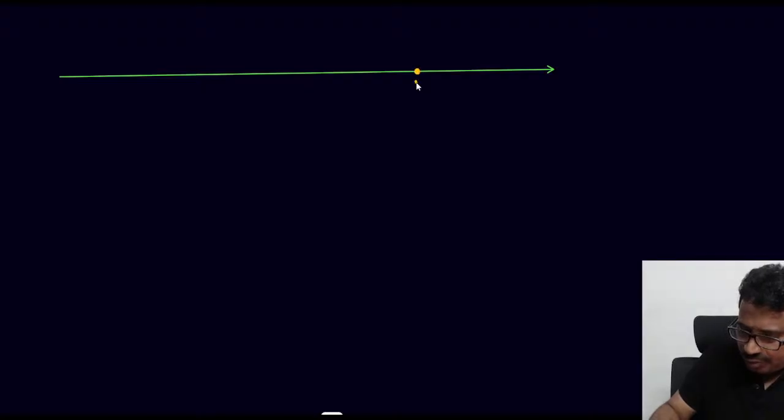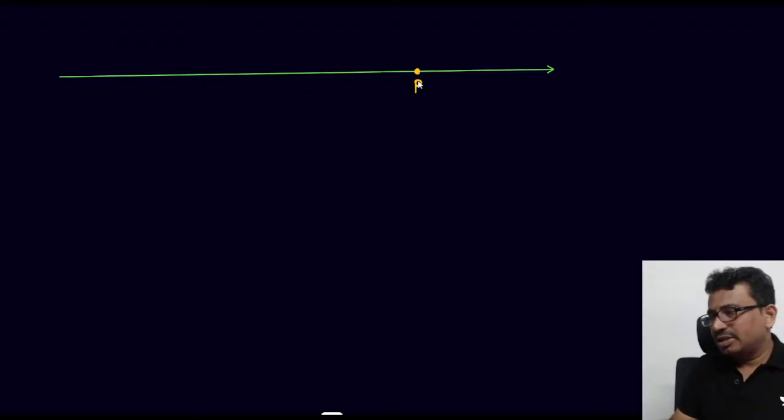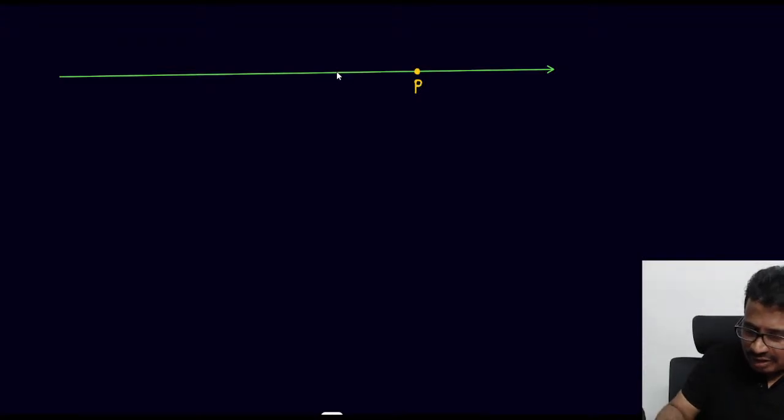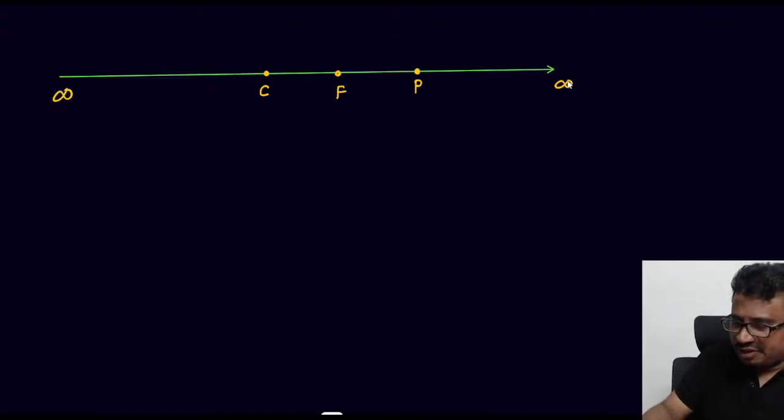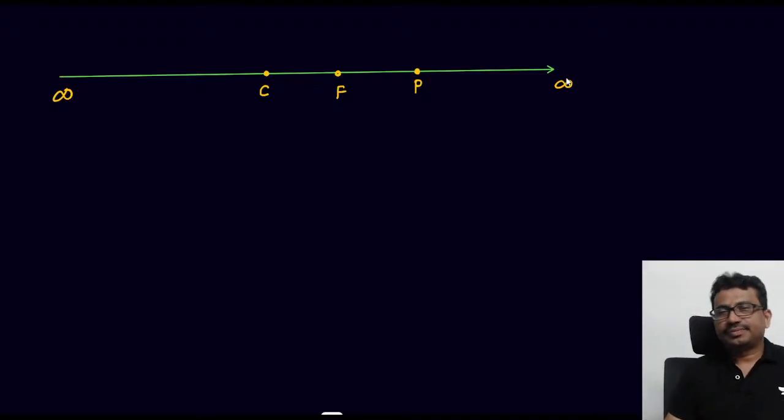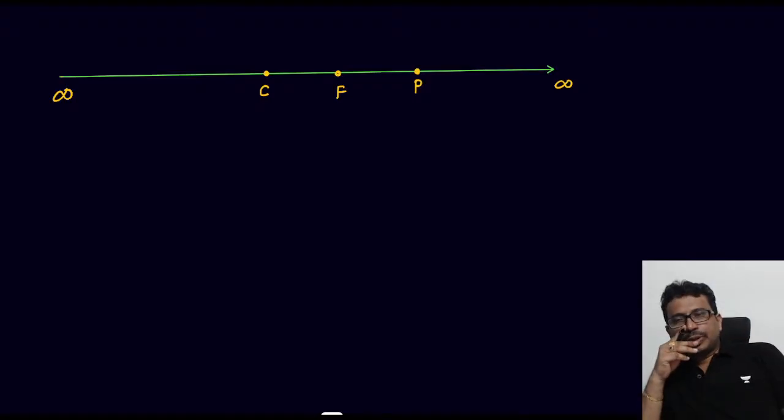Here we have a pole, P is the pole, and thereafter we have the focus, and here we have the center C, and thereafter this is infinity, minus infinity on this side and plus infinity on that side. The pole is the midpoint of the mirror, next the focus and the center. These three terms you need to remember.